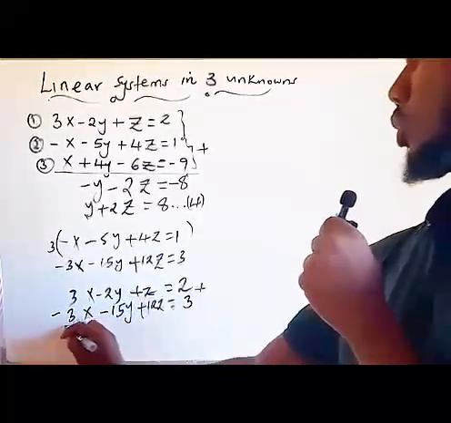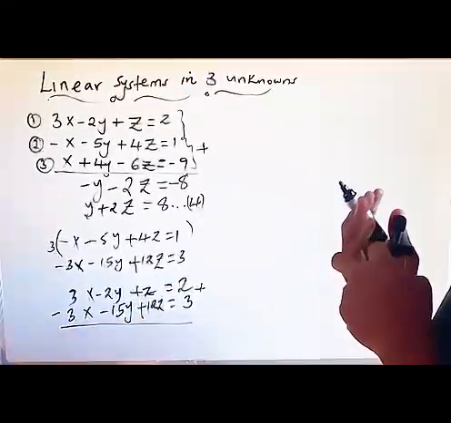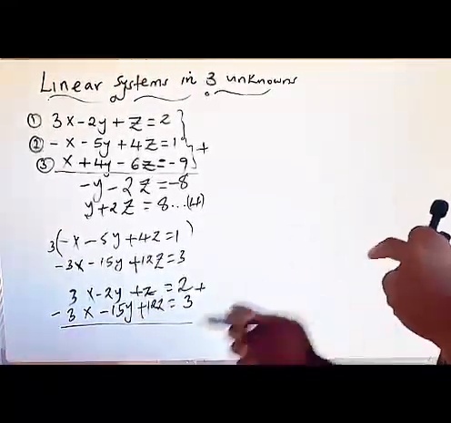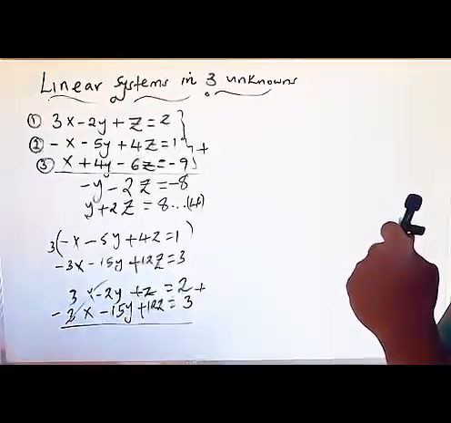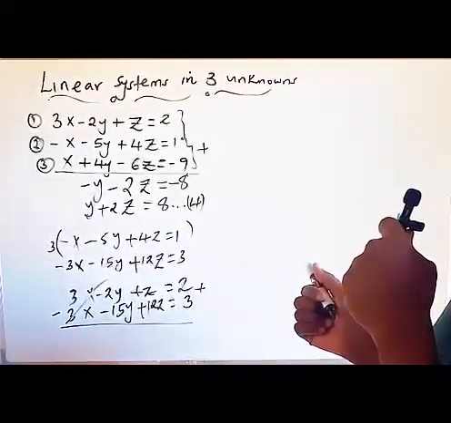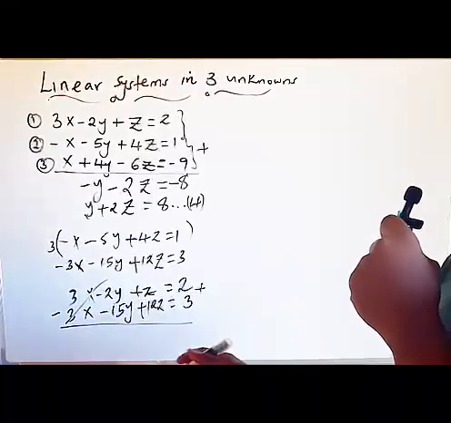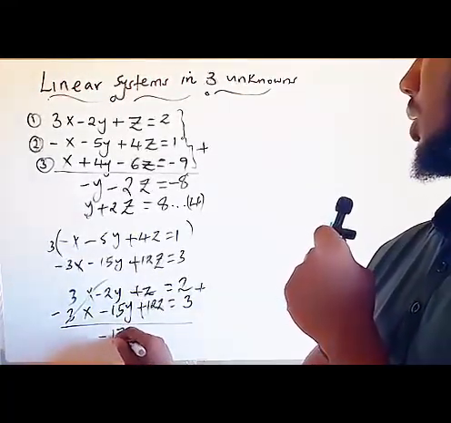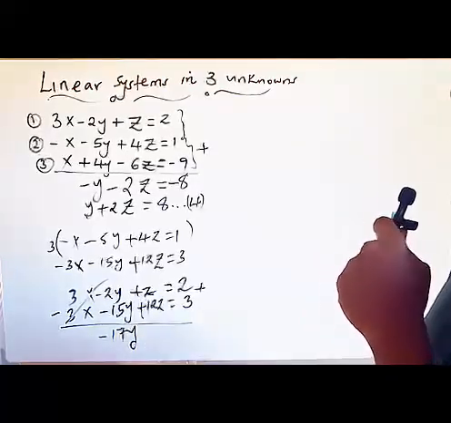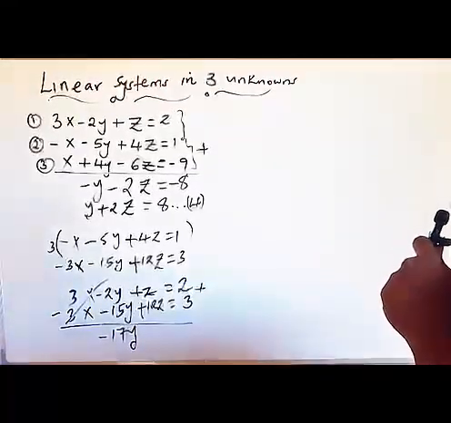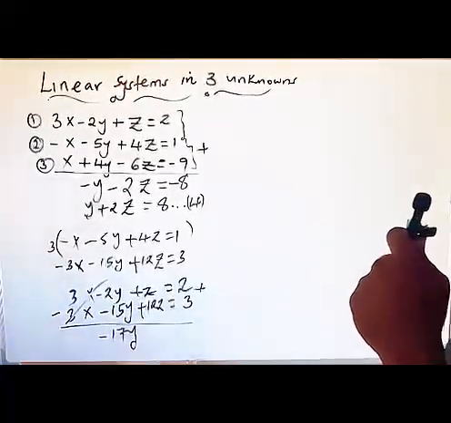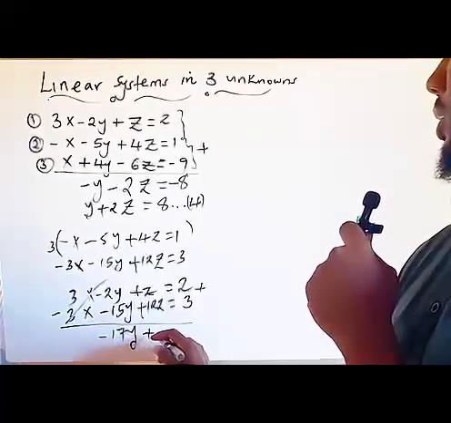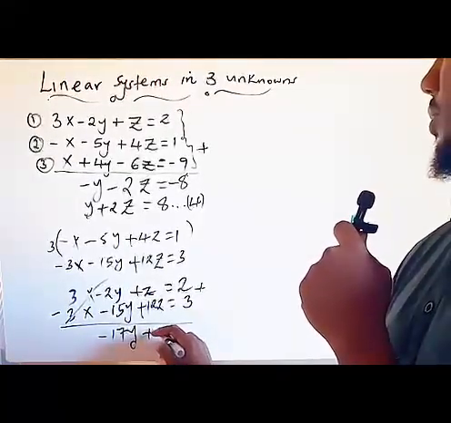When we add these two equations, x is eliminated. These x's will disappear. We have minus 2y plus minus 15y, which is minus 17y, and then plus z plus 12z, which is plus 13z.